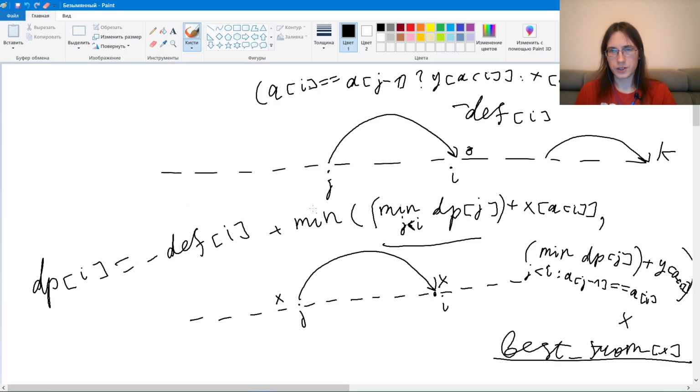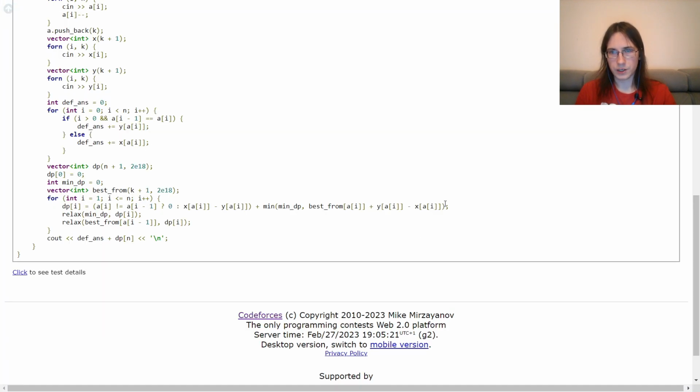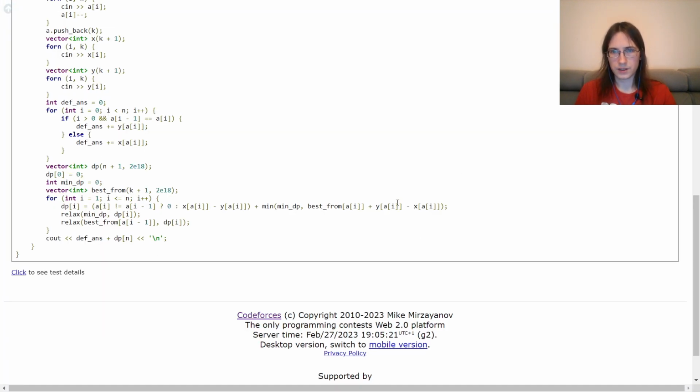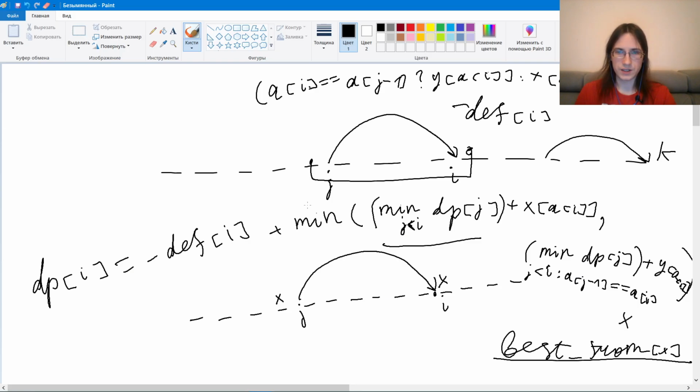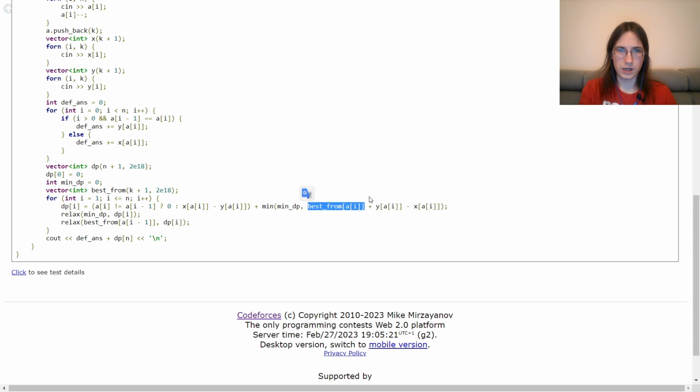Otherwise, we claim that we want this jump to be good, so we want this value to be equal to our value. So we again start paying not the full price. So we change the price back to y, and we see what's the best jump, what's the best DP, yeah, such that previous value was equal to this, to AI.